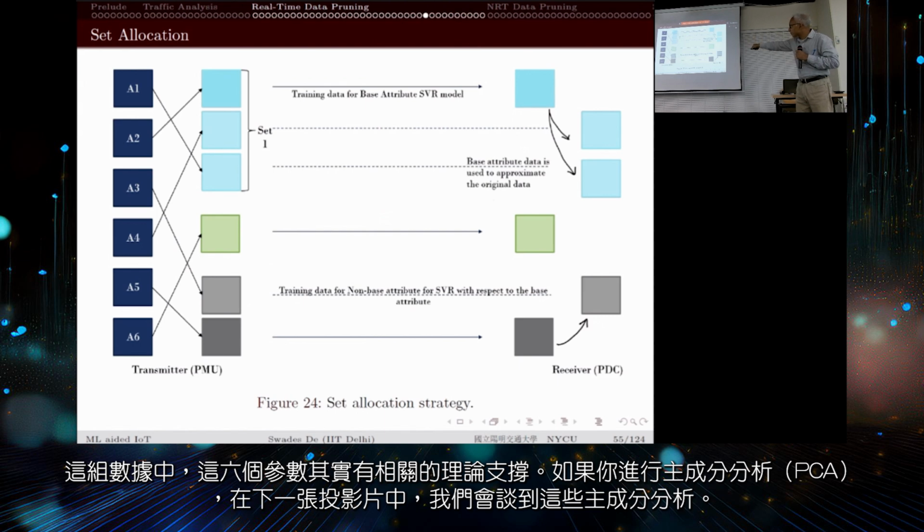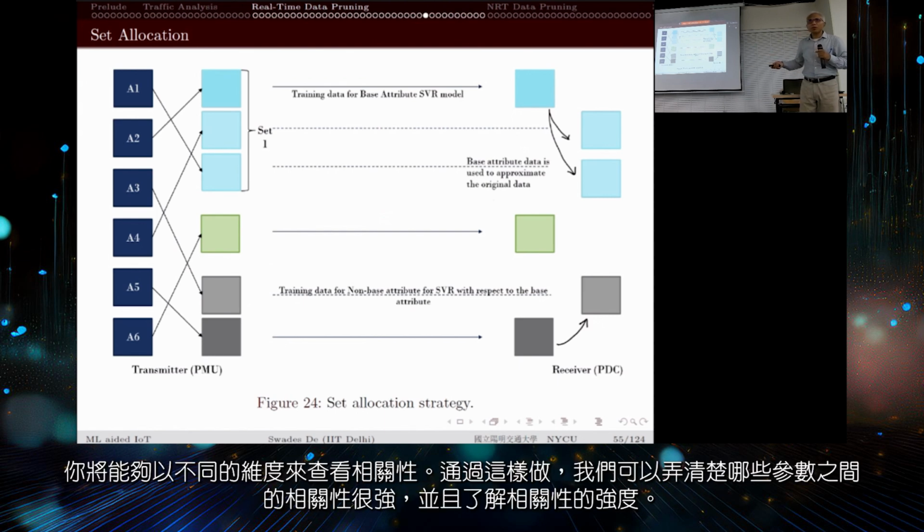So out of 6 parameters, there is theory behind this. If you do PCA, in fact in the next slide we'll talk about principal component analysis, you will be able to figure out the correlatedness, of course in a different dimension.